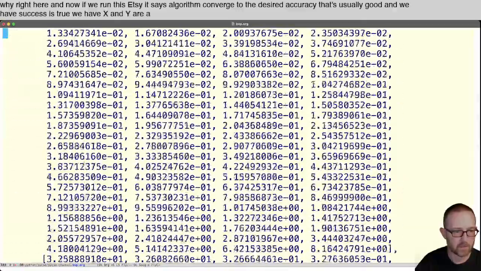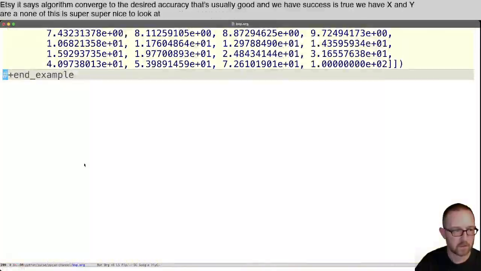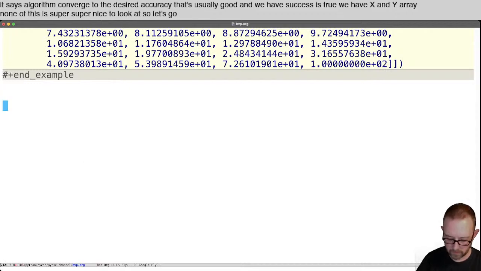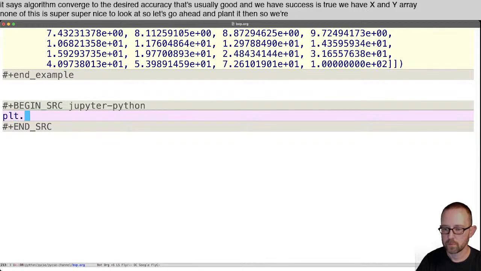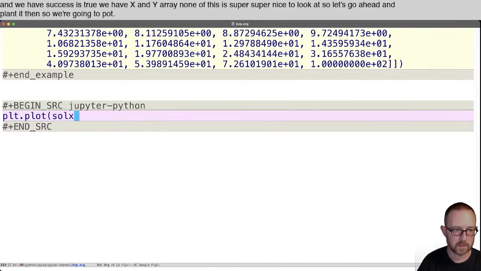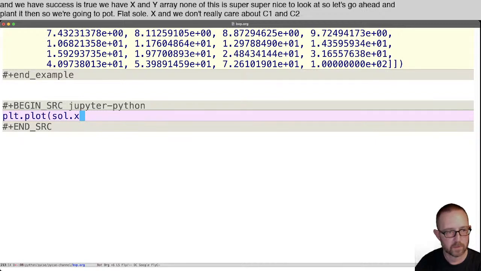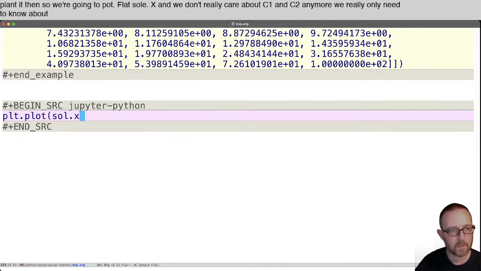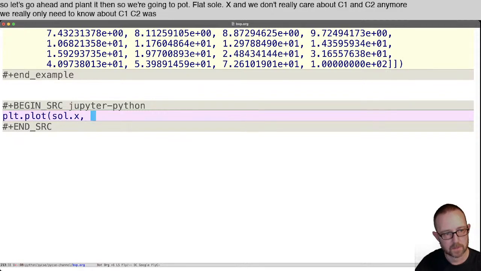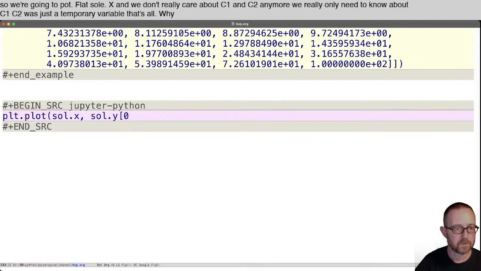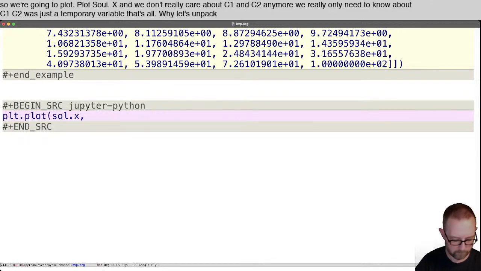None of this is super nice to look at. So let's go ahead and plot it then. So we're going to plot sol.x. And we don't really care about C1 and C2 anymore. We really only need to know about C1. C2 is just a temporary variable. So sol.y, let's unpack them.